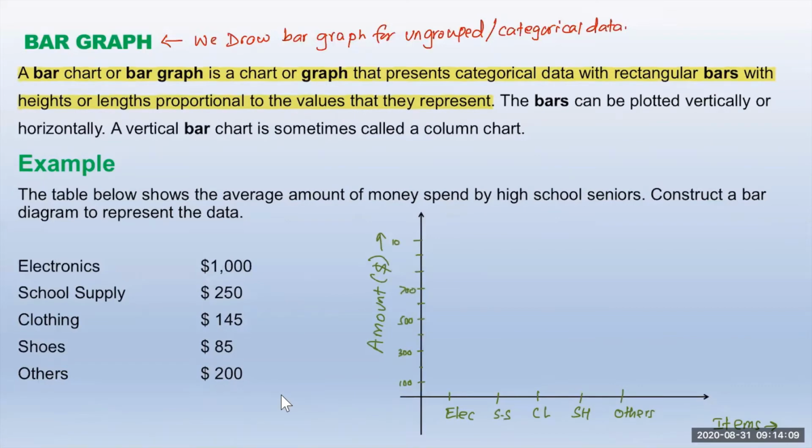I'm just writing at some difference, but you can clearly see this is 100, then that one is 200, 300, 400, 500, 600, 700, 800, 900, and 1,000.